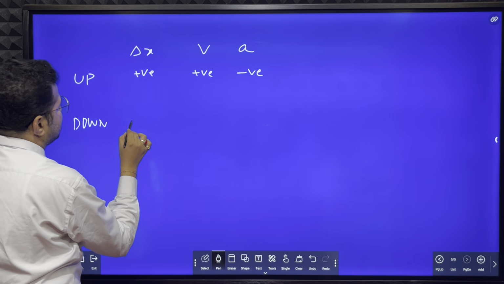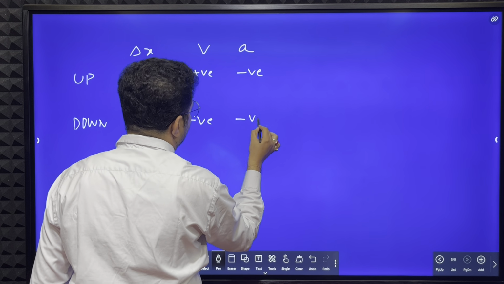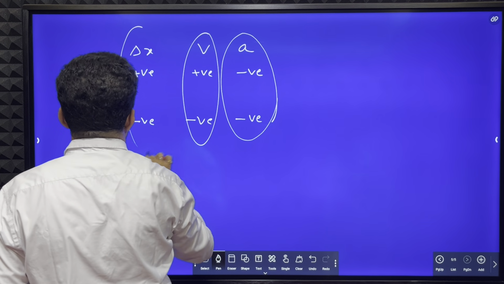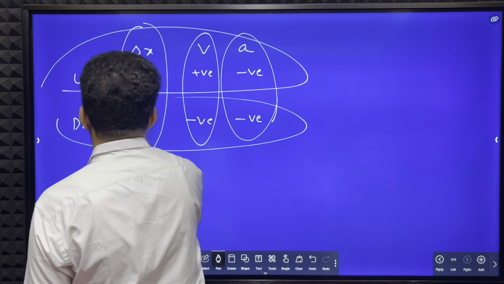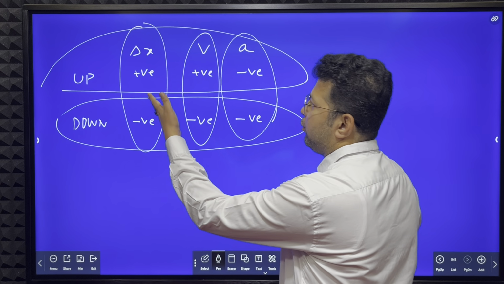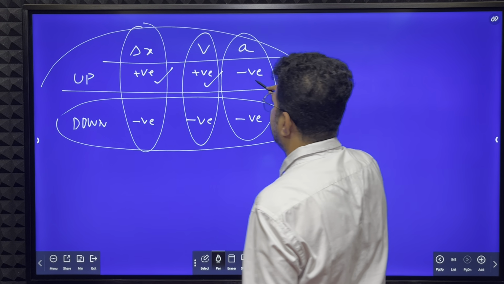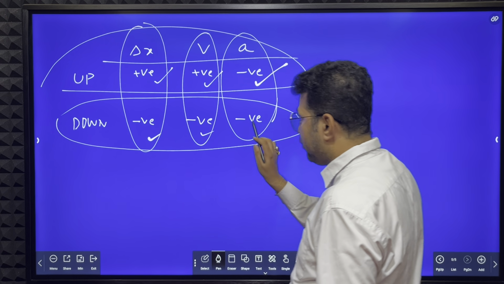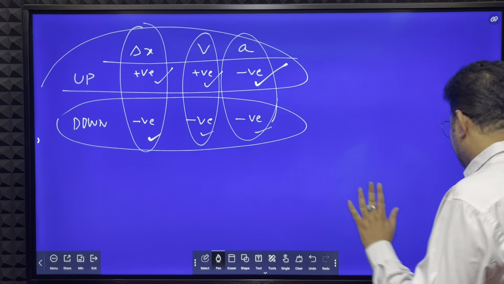During downward motion, displacement is negative, velocity is negative, acceleration is always negative, because gravitational force always acts downwards. Hope you can understand this. Remember this. Upward motion: displacement is plus, velocity is plus, acceleration is minus. Downward motion: displacement is minus, therefore velocity is minus, acceleration is always minus. Keep this in mind.